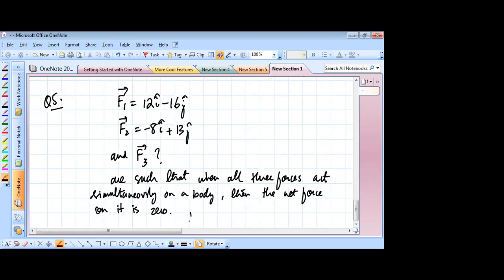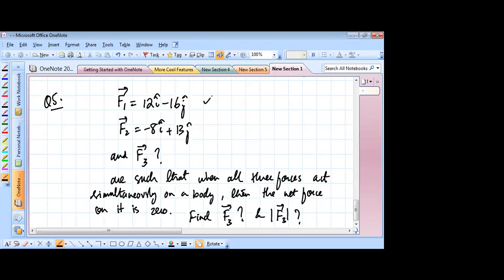So from that you have to find the force F3 and its magnitude. In the given question we have to find just its magnitude. But so first of all, understand the language of the question.